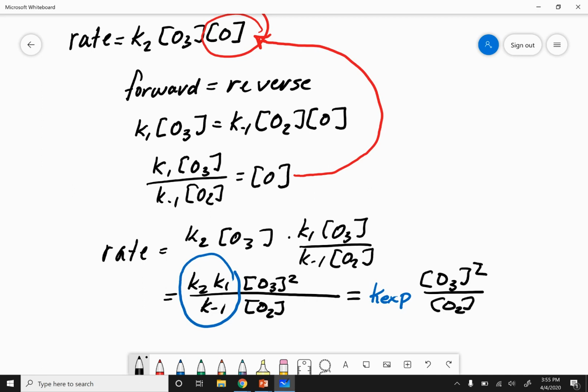Now, if you take a look at this, this exactly matches the experimental rate law. I had some K times ozone squared divided by O2. So now we can say that our second proposal is a valid proposal for what is happening in this reaction. All right, I hope that makes sense and that you guys are staying safe.